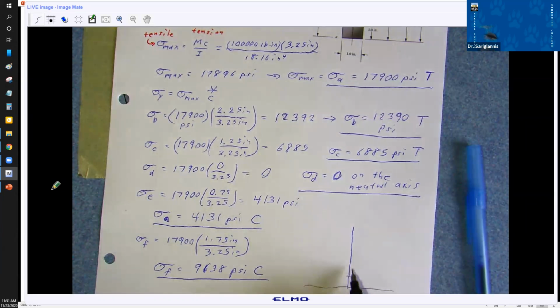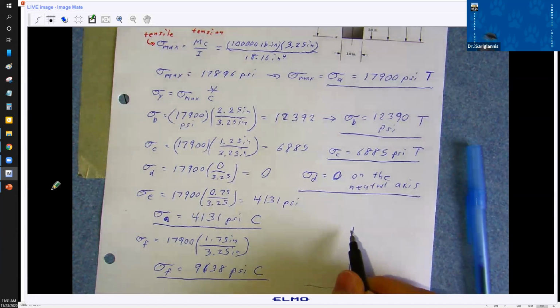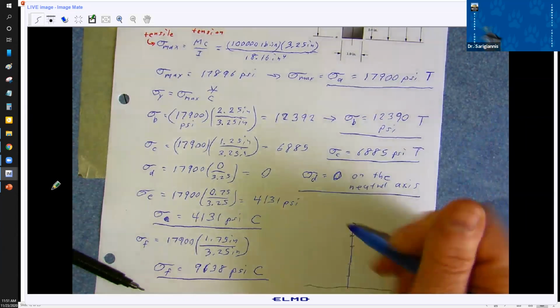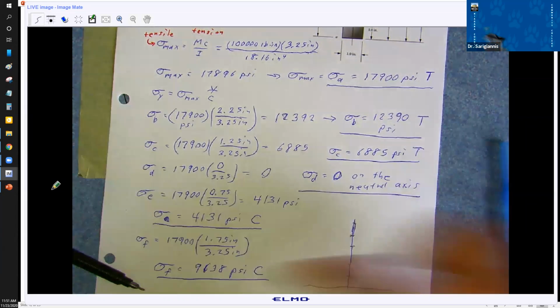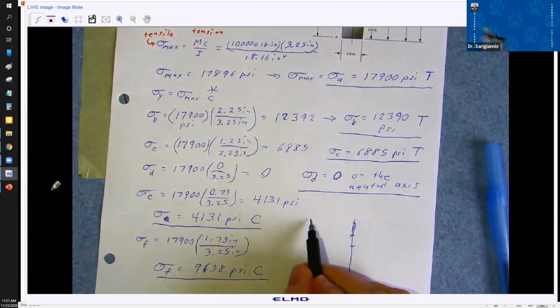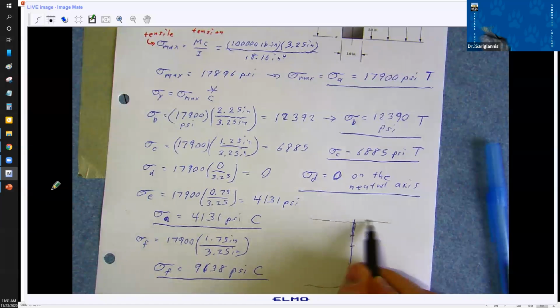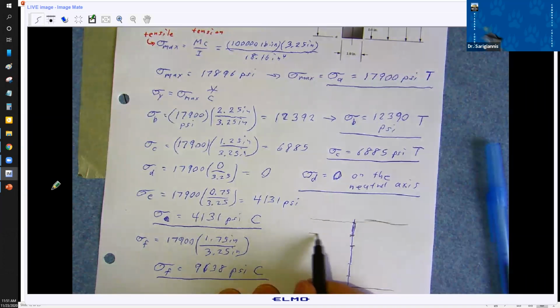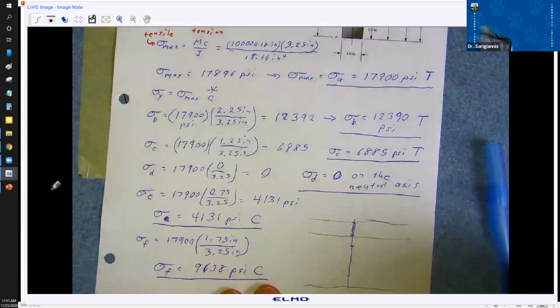Let's see, A, B, C. D is a little higher. And you've got E, and you've got F. All right, so this is the beam. It looks like this from the side.